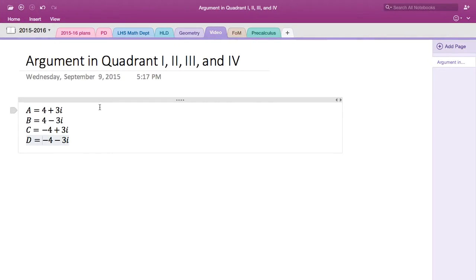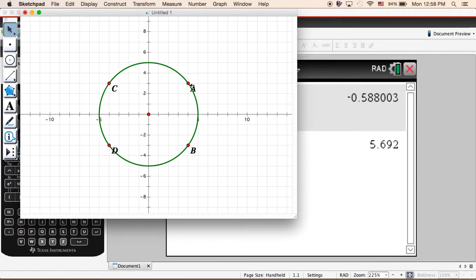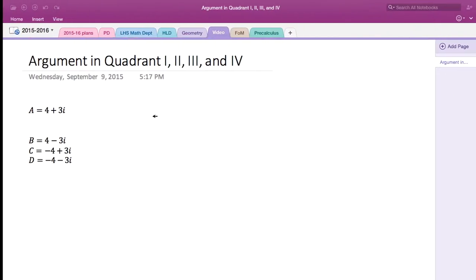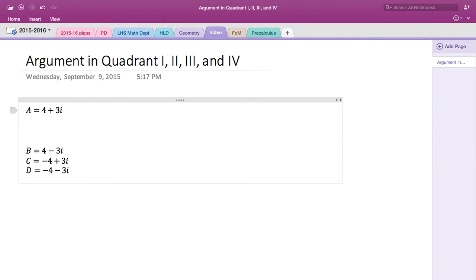So let's first find out the arguments of that. 4 plus 3i, which is A right here, what's the slope of that? Slope: rise is 3, run is 4. So that slope is 3/4, right? 3 over 4, which equals the slope, which is tangent alpha.